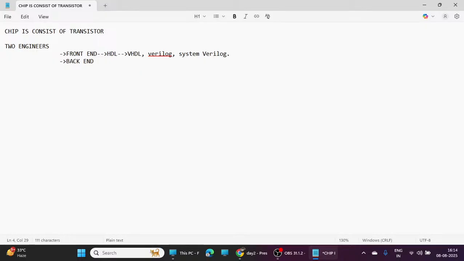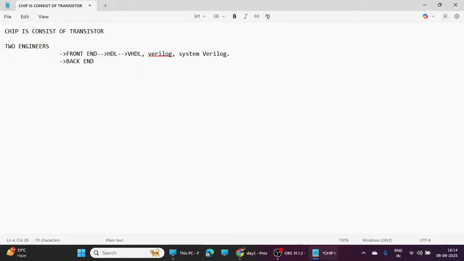Verilog and SystemVerilog look like C-based syntax. I hope you may know the C language, C++, C. It's a basic coding language. Verilog and SystemVerilog follow the same thing.